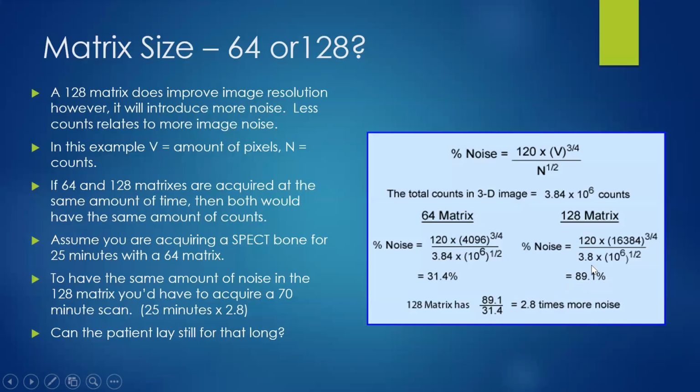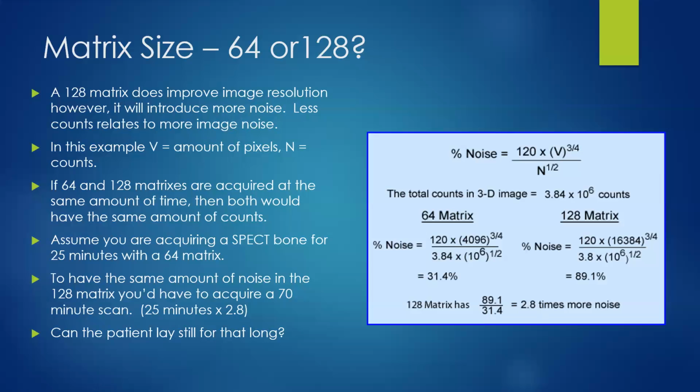That's a significant increase. That's giving you a much grainier image. What's the difference when we do some simple ratio assessment? I put 128 in the numerator and 64 in the denominator, and there's 2.8 times more noise in a 128 matrix based on the 25-minute acquisition.